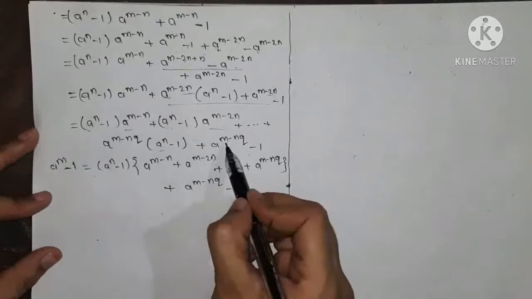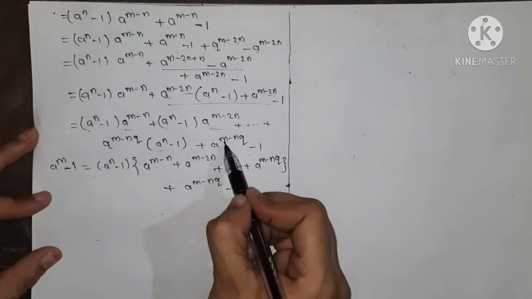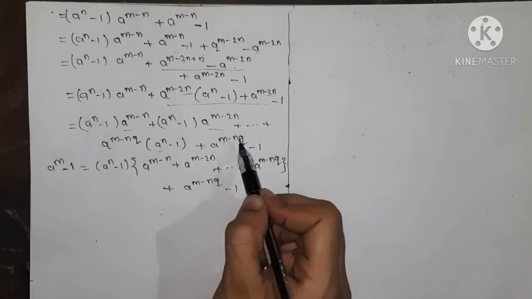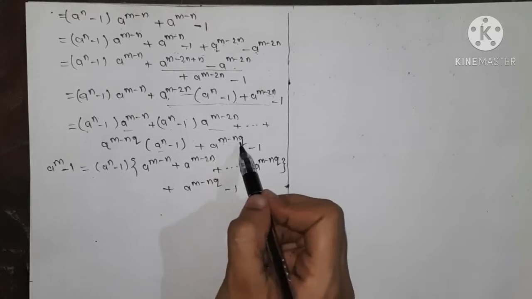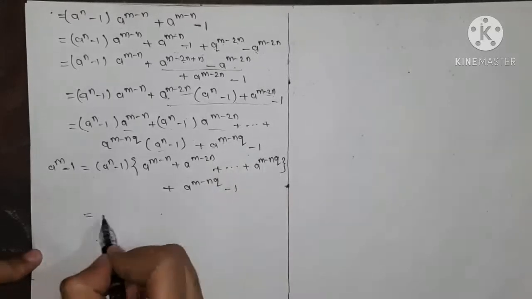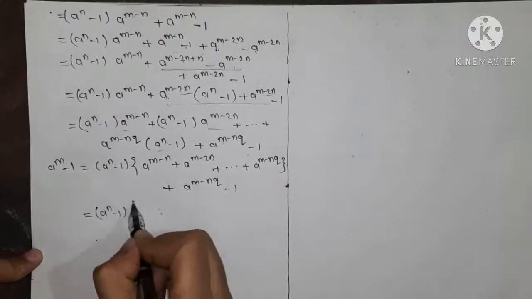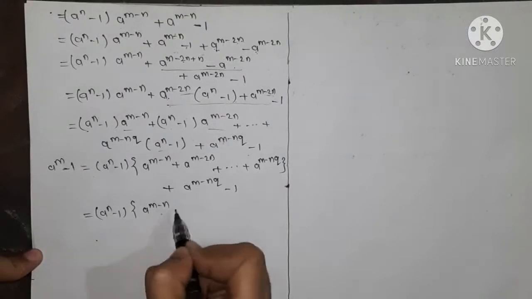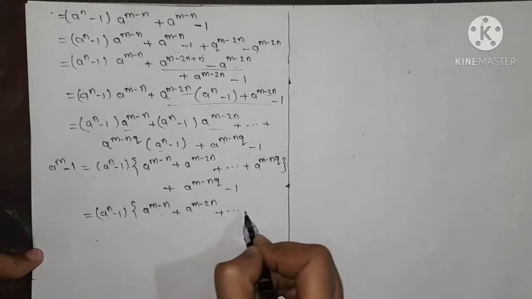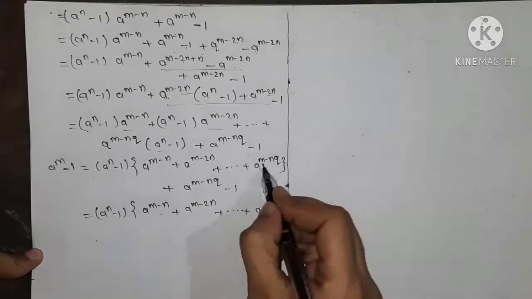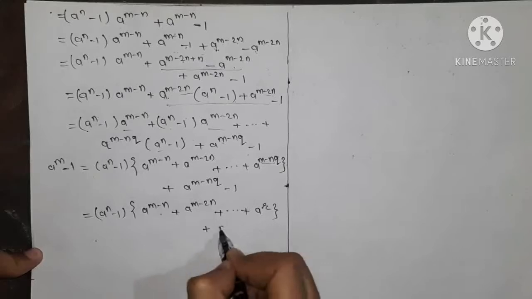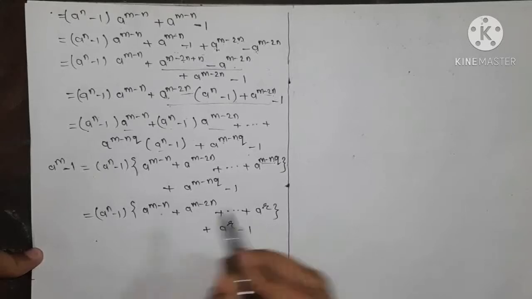As from equation 1, we write m equals nq plus r, so m minus nq is equal to r. So we substitute that value, which is equal to a to the power n minus 1 in bracket a to the power m minus n plus a to the power m minus 2n plus and so on plus a to the power, we replace m minus nq by r, plus a to the power r minus 1.